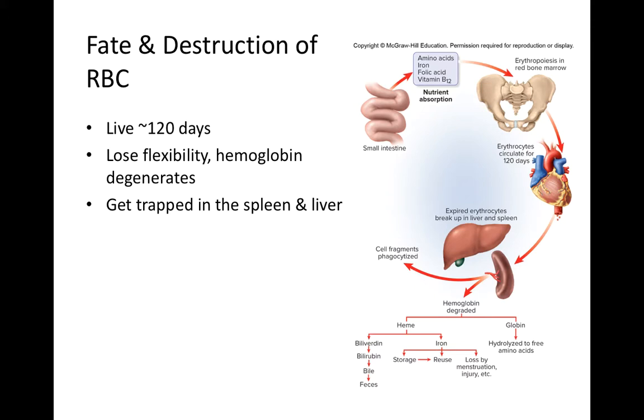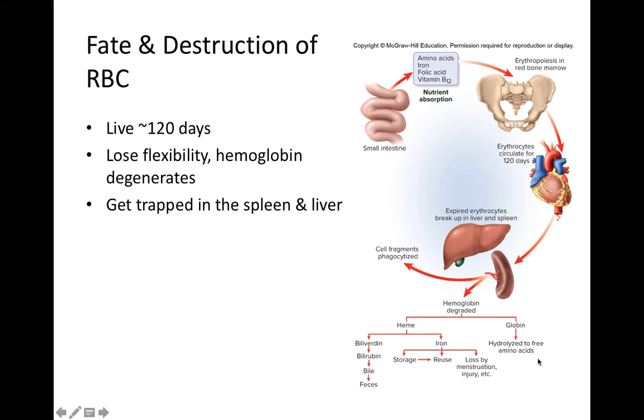And there's going to be a whole population of macrophages in there that are going to begin this process of just breaking them down. The hemoglobin is going to be broken down in a multi-step process. The globin is just going to be turned into amino acids.